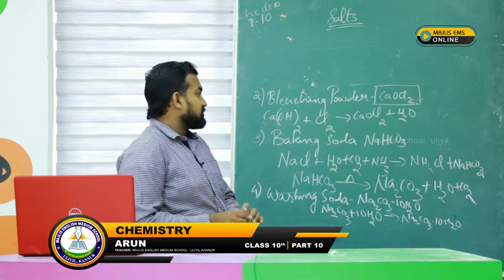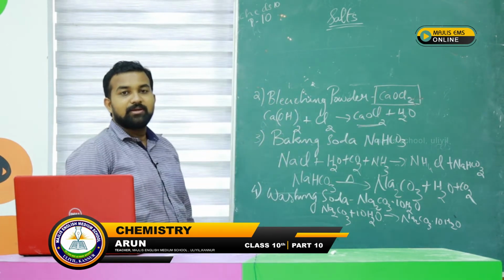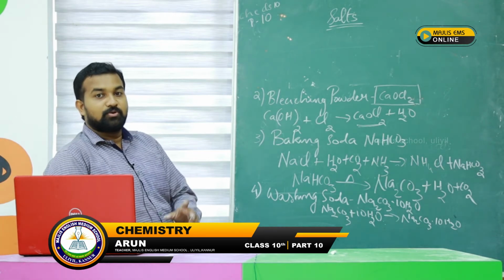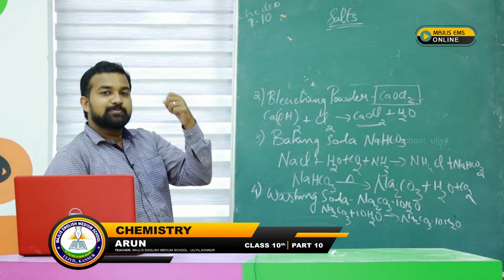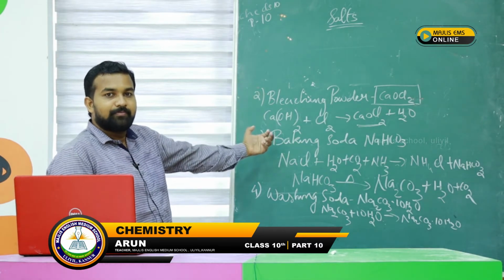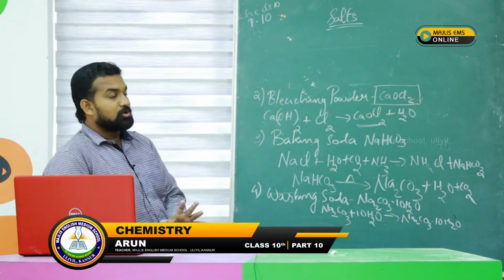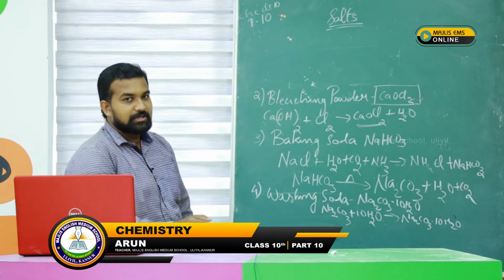We will get calcium oxychloride, which is bleaching powder. Is that clear? I hope it's clear.